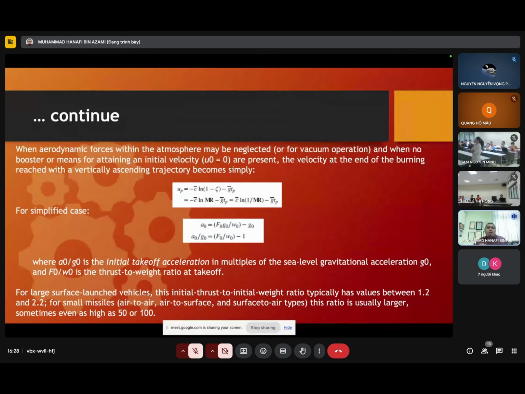All right. So in a simplified case, a0, the initial takeoff acceleration, is F, the thrust, multiplied by g over the weight, minus g naught, where a0 and g0 are the initial takeoff values, if this is given, in multiples of the sea level gravitational acceleration g naught and F thrust to weight ratio at takeoff.